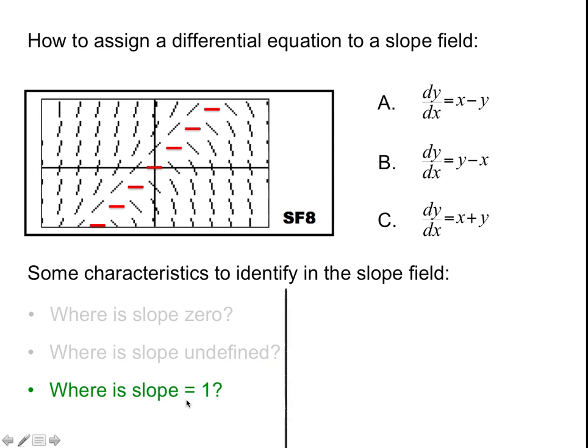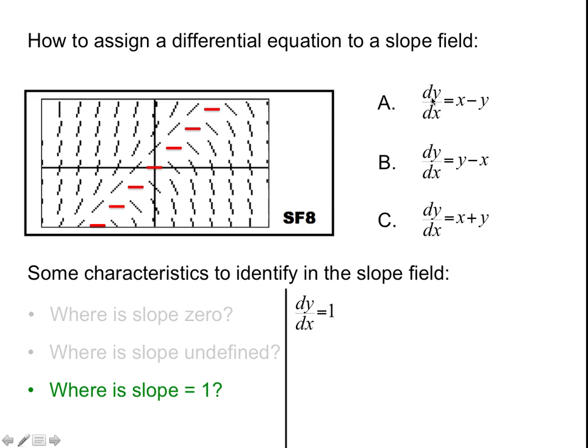So how about where the slope is equal to 1? That's also something we can pick out pretty easily. A slope of 1 looks like over 1, up 1. So along here, there's a slope of 1. And all we're saying is that dy/dx equals 1.